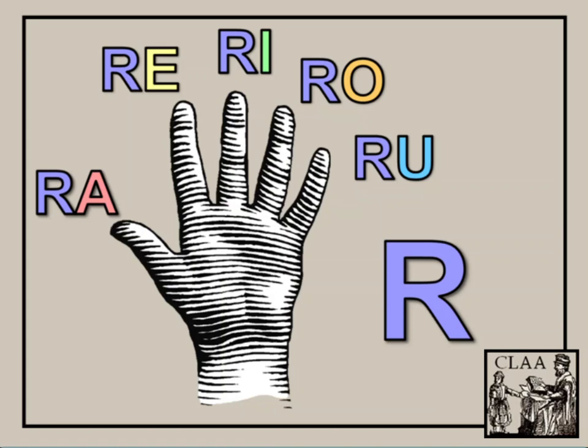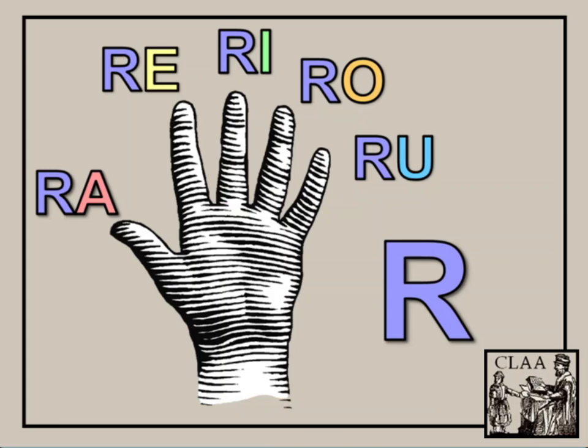You should have spelled R-U, ru. Spell for me the syllable ro, ro. You should have spelled R-O, ro.